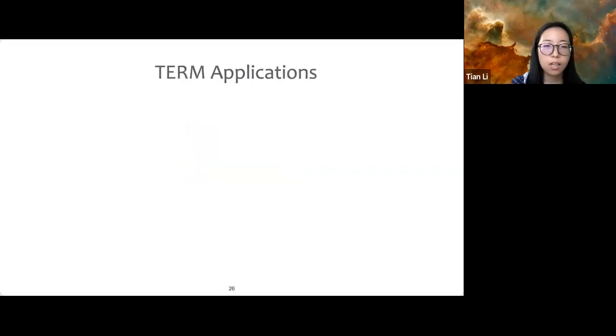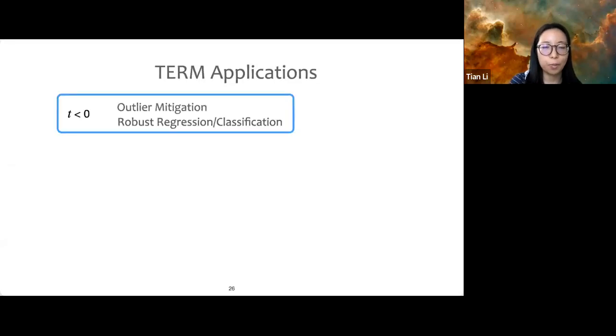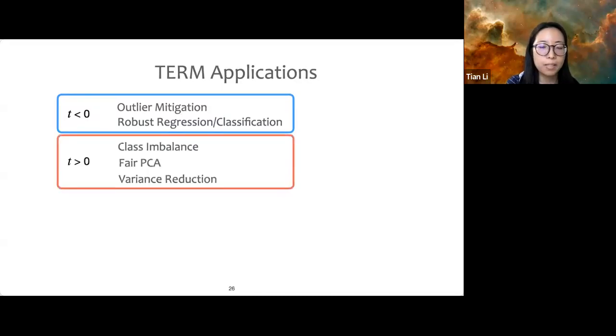Okay. So next, I'm going to talk about applications of tilted ERM. Because it's a very general framework and can be applied to a wide range of machine learning problems in different domains. First, when t is negative, we can do outlier mitigation, robust regression, robust classification.